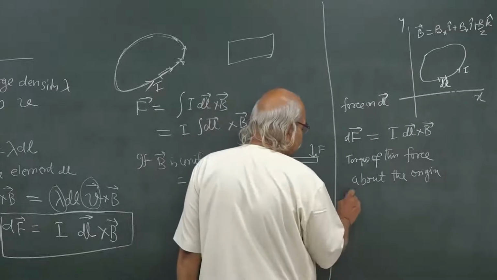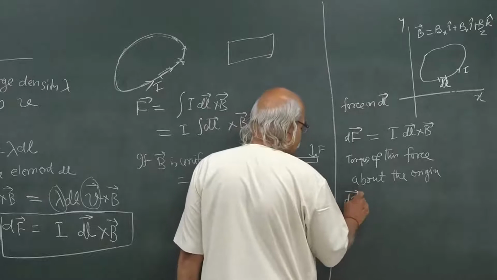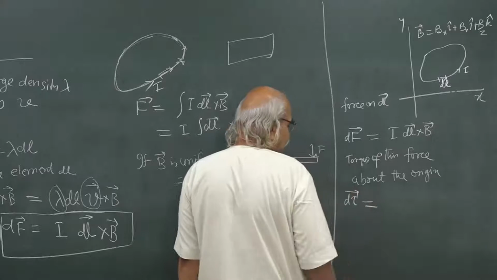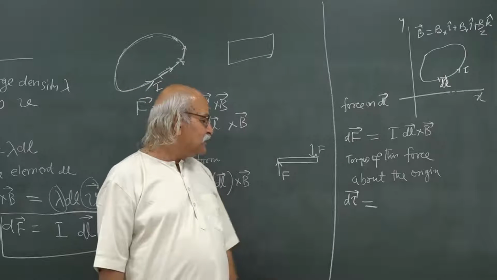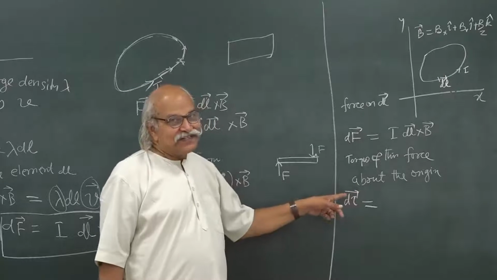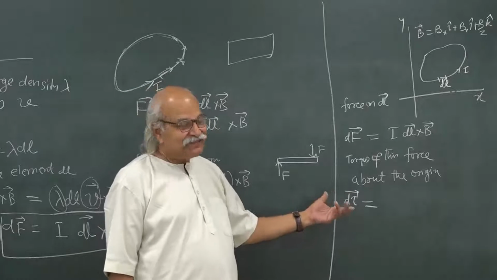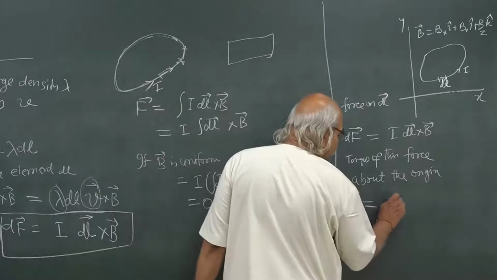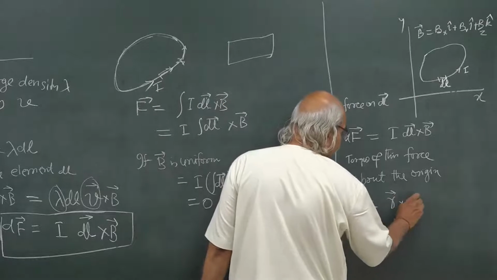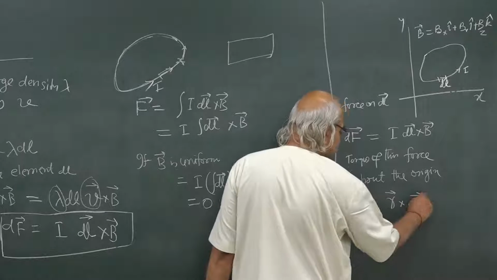So, what is that torque d tau? This tau I have used for volume also, d tau for small volume element, but I have put a vector sign, so it cannot be volume element. So, this is for torque. So, this will be r cross dF.